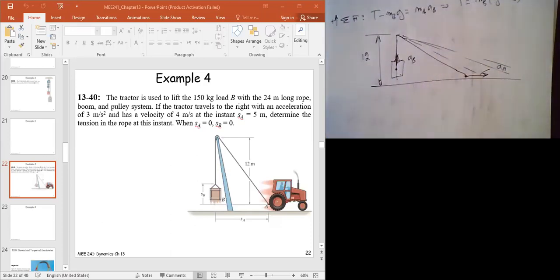Yeah, you can try. We have the acceleration at A. We integrate it, we find the velocity, and then we find SA.